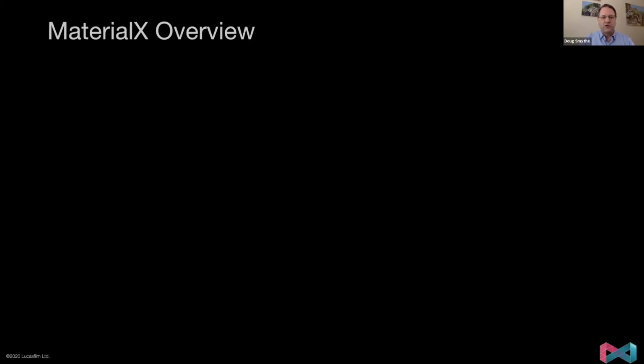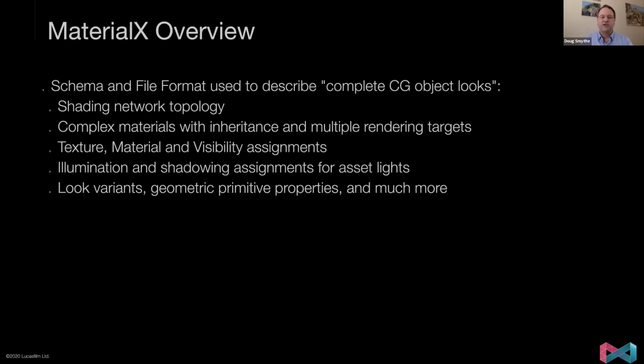So for those of you who are not as familiar with MaterialX, here's a brief overview. It's a schema and file format that can be used to describe complete CG object looks. Using MaterialX, you can describe your shading networks, your materials, your rendering assignments, and hopefully everything you need to fully describe the look of a CG asset in an application-independent, portable, open-source format.